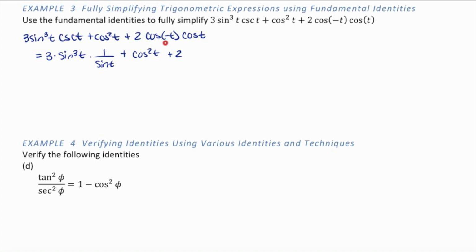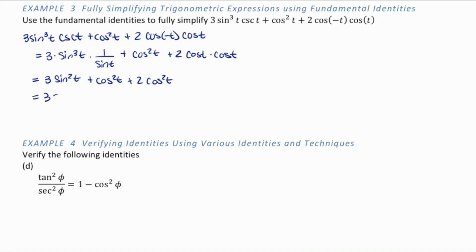Now cosine of negative t, how can I rewrite that? If you said cosine of t, you're correct. Times cosine of t. So we have 3 sine squared t plus cosine squared t plus 2 cosine squared t. That's because cosine t times cosine of t is cosine squared t.